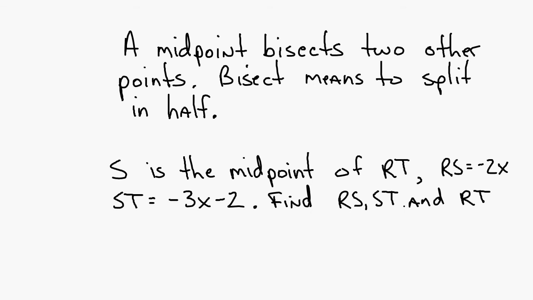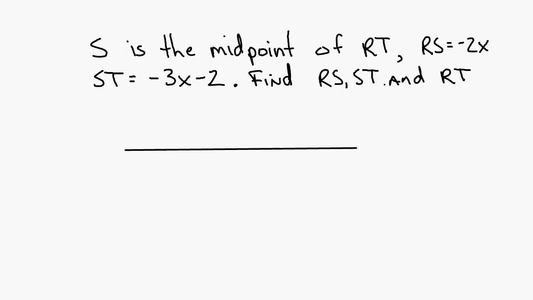So I would draw a picture. S is the midpoint of RT. So R and T are on the ends. And S is in the middle. R to S is negative 2x. S to T is negative 3x minus 2. Find all the segments.